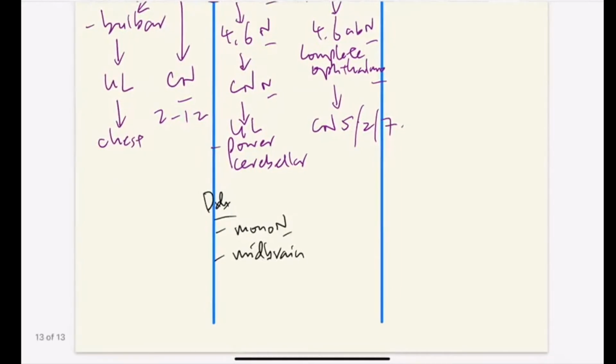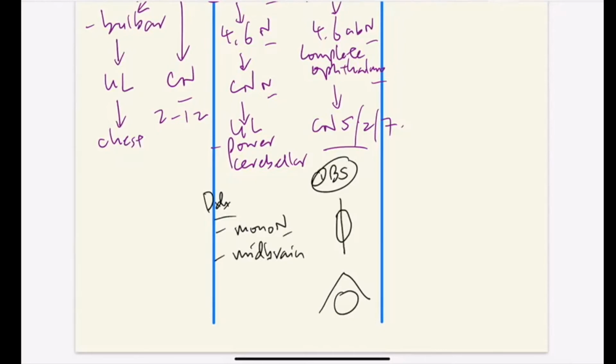Just remember, 3, 4, and 6 start in the brainstem and reach the eye through a different pathway. So first they leave the brainstem. So this is the first possible anatomical lesion.